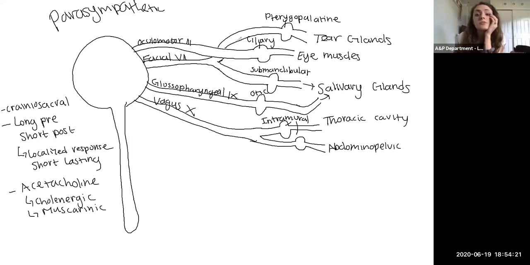Okay, for this, know the 4 nerves, know the ganglia that are associated with the nerves, know which nerve goes with which ganglia and where that nerve is going and what it's going to do. I know it's so much information, but if you draw this picture, memorize this picture, be able to just draw it in your sleep, you'll be just fine, because there's a ton of questions on these.